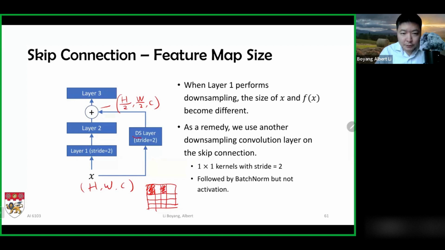So this may lose some information because of its simplicity, but we choose to ignore that, okay? After that, we could do another batch norm, but usually not an activation function. So this reduces the size of the input feature map so that we can achieve the same dimension for both operands of this addition operation.